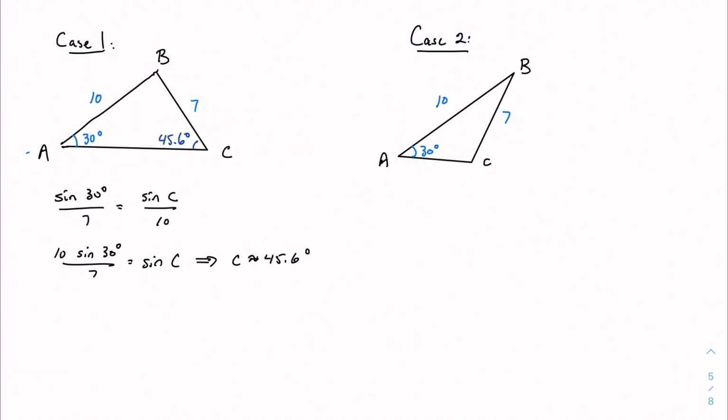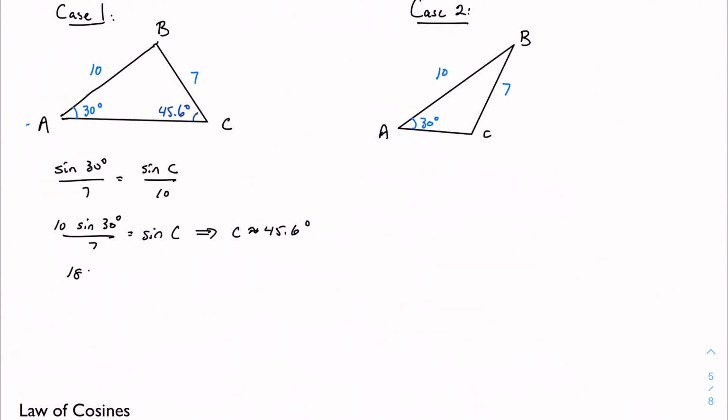Well, then my third angle is just adding up the three angles, excuse me. So by doing that, I get that B is approximately 104.4 degrees. I'm going to mark that in.